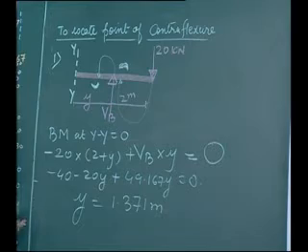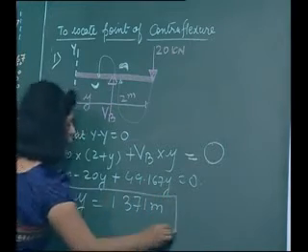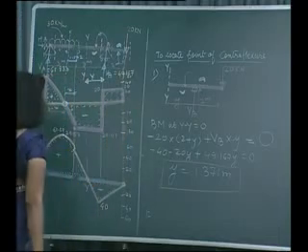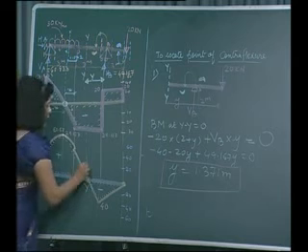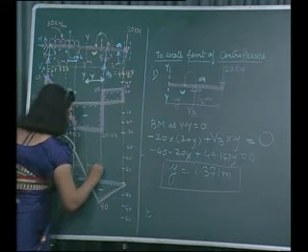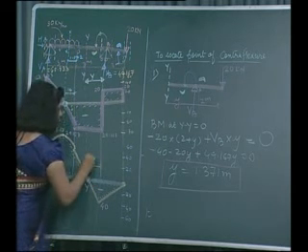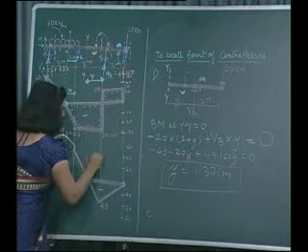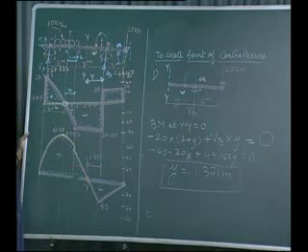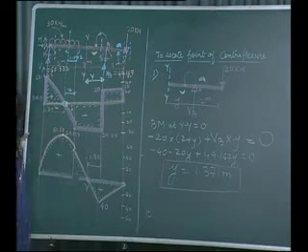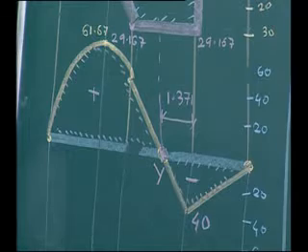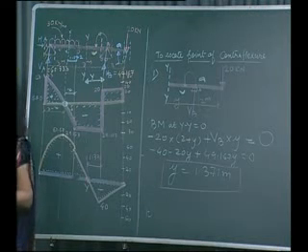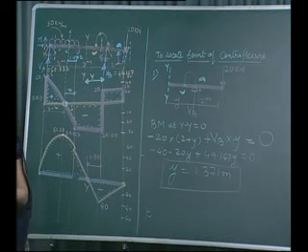Okay, so this is the point of contraflexure, or we can say that the point of contraflexure is located at a distance of 1.371 from support B. Okay, so this was the main topic that I wanted to cover today, that is point of contraflexure.